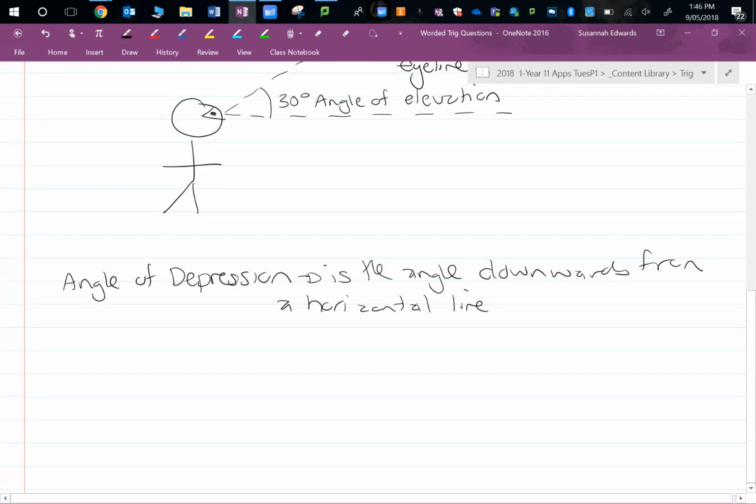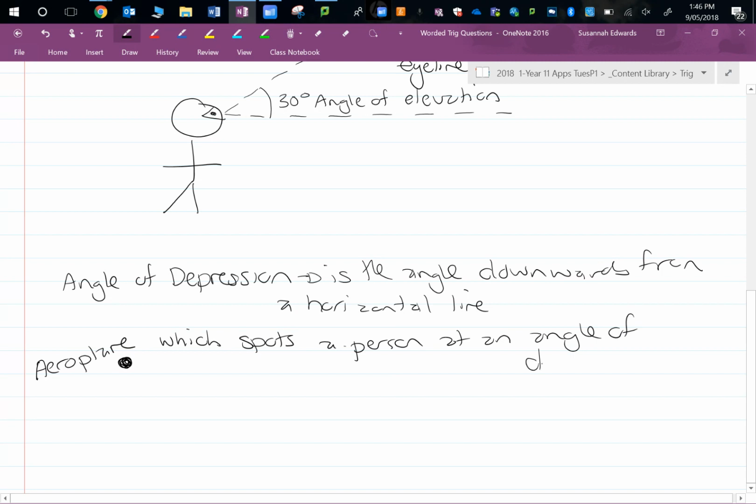Okay, so for example, I'm really not going to be able to draw an aeroplane, but we might have an aeroplane. Let's just use a dot for an aeroplane. We'll have an aeroplane that spots a person at an angle of depression of 50 degrees.